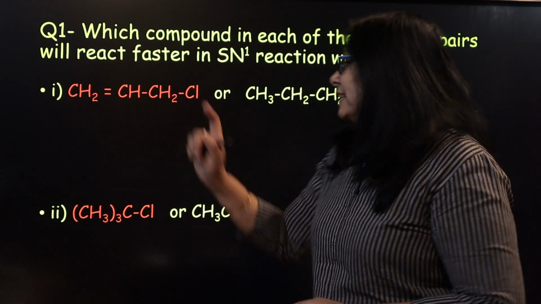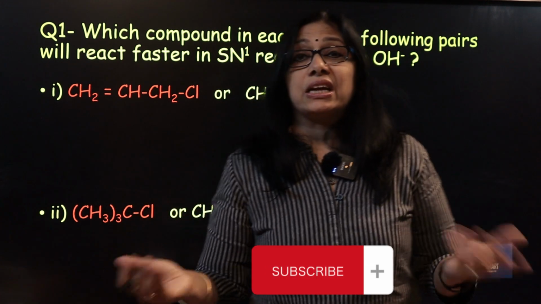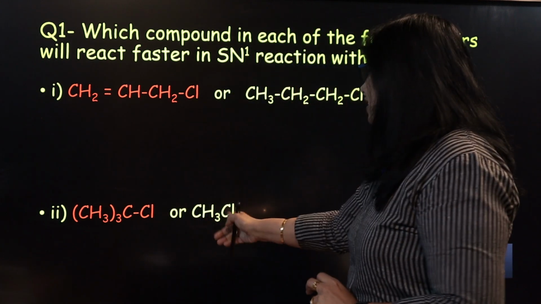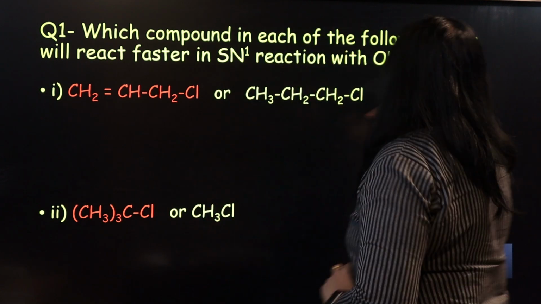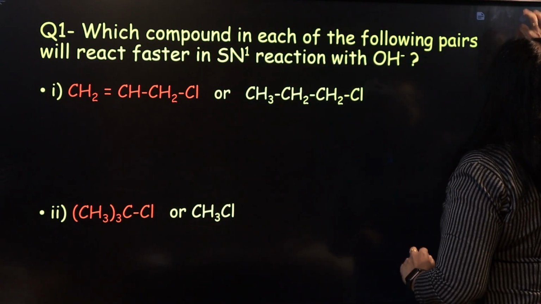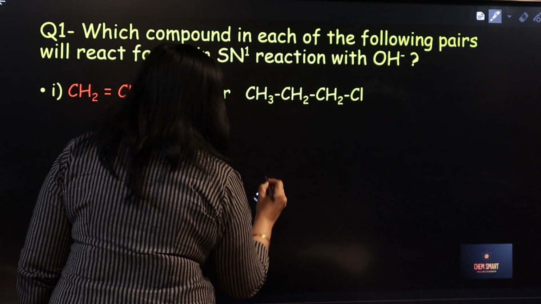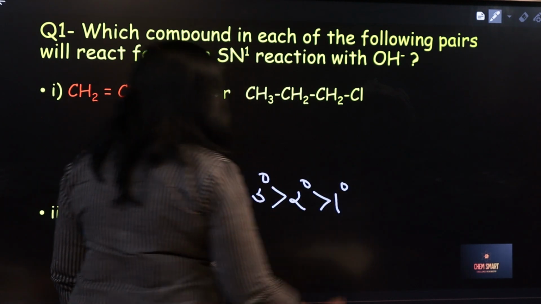Clear? Second one. This is (CH3)3CCl, which is a tertiary alkyl halide. And CH3Cl is a methyl halide. And what is the order of stability of carbocations? Tertiary carbocation is more stable than secondary, which is more stable than primary.